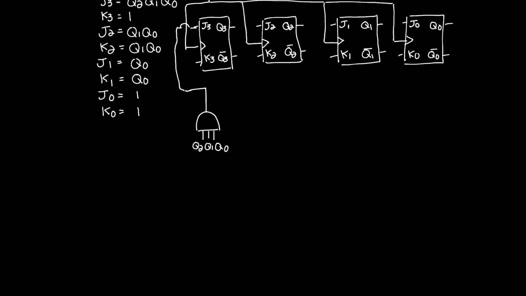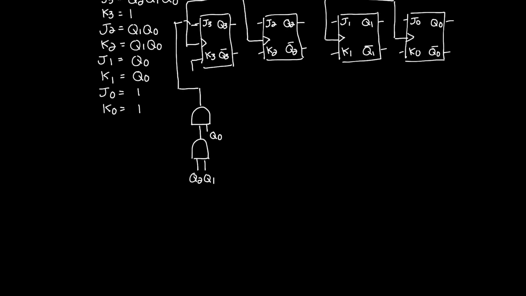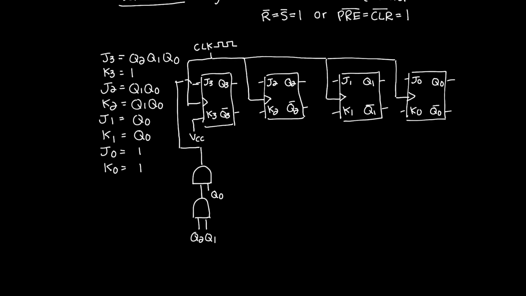I could also have drawn it, and in fact, let's do it, if you only have 2 input AND gates handy, I could draw it this way. This is Q2 and Q1, and then I have a second cascaded AND gate, and this goes to J3. And how about K3? Well, K3 goes to VCC. It's logic high.